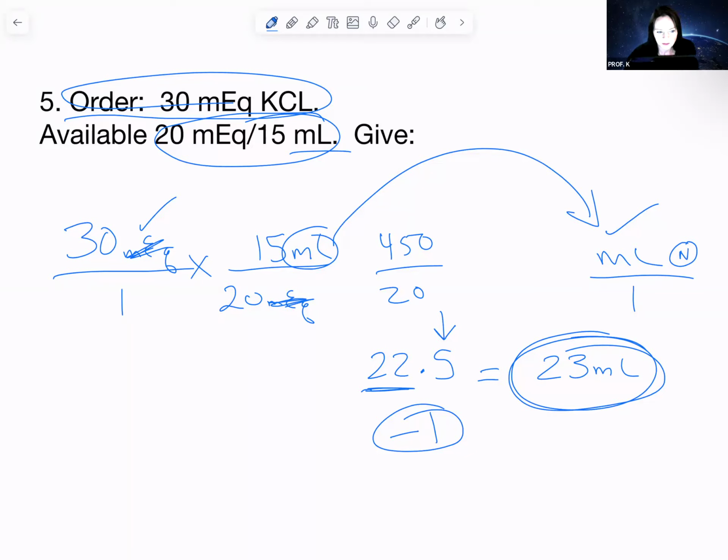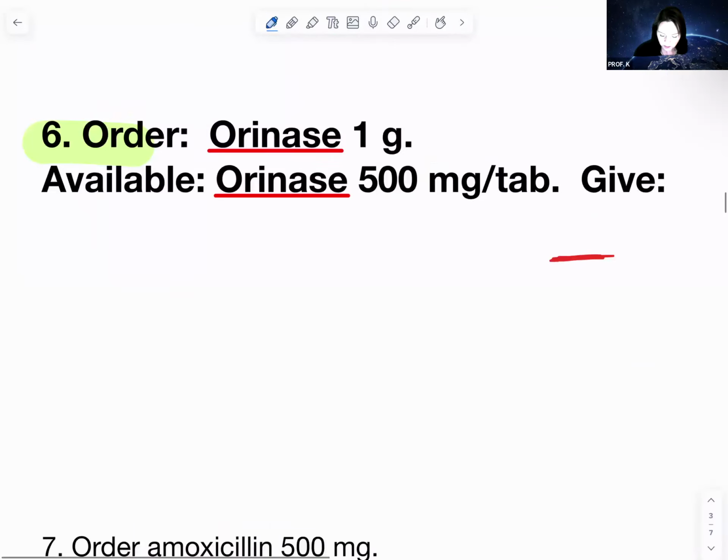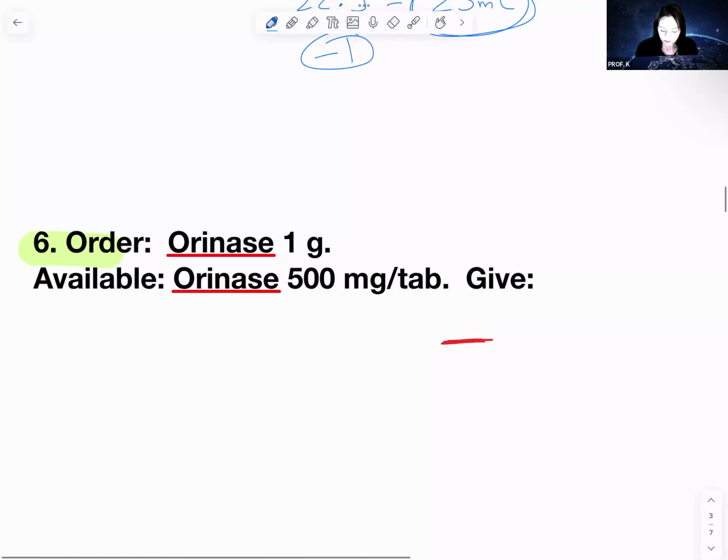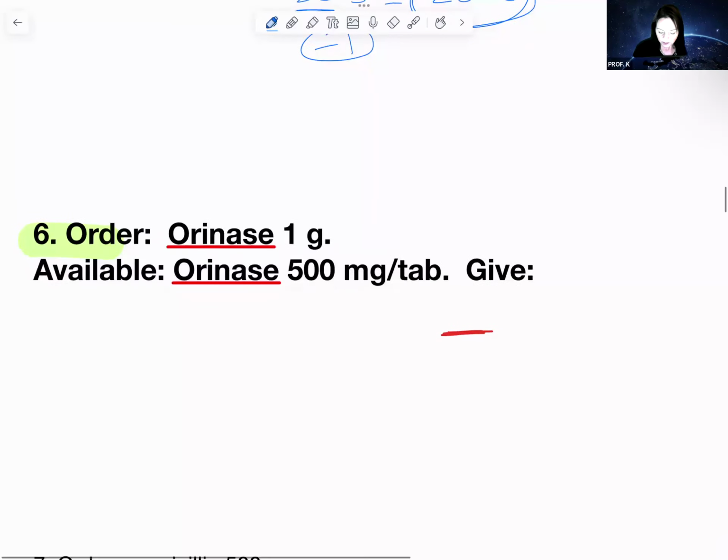Well, I thought I had capsules on here. All right. I'm going to just change this to capsules, just so I can talk about capsules, okay? So I'm going to give you a minute to try that.